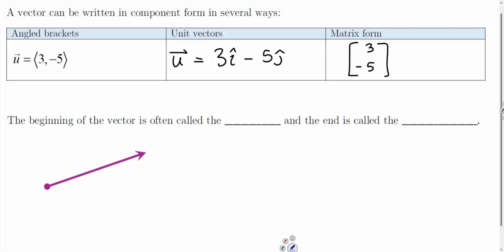Okay, anyone know from physics what the beginning of the vector is? Maybe you don't know. So we call that the tail. So here, this is the tail, because it's the beginning. And then the arrow part is called the tip. So this is the tip. Just be aware, notation-wise, if I say where's the tip or where's the tail, the tail is usually the origin, but not always.